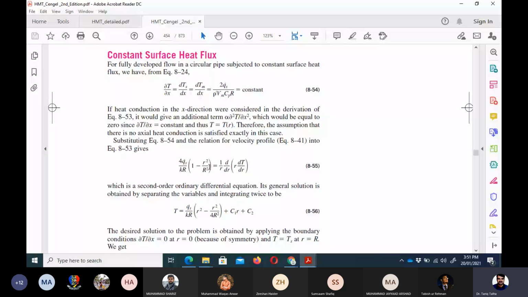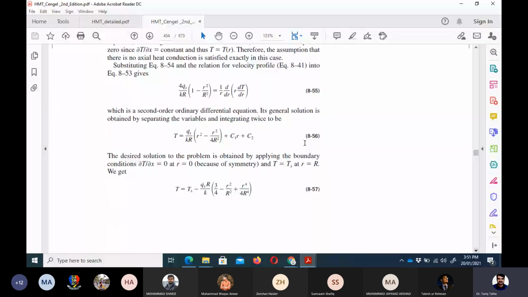Now if we want to determine T of r from here, then we can integrate it in the radial direction. Because that is a second order differential equation, we need to integrate twice. After the first integration, C1 r plus C2 would come, because it is an indefinite integral.